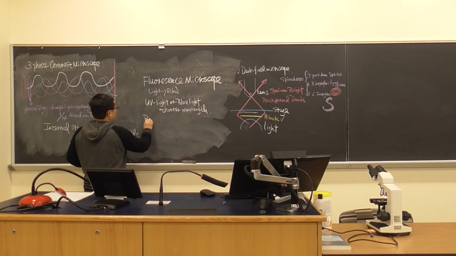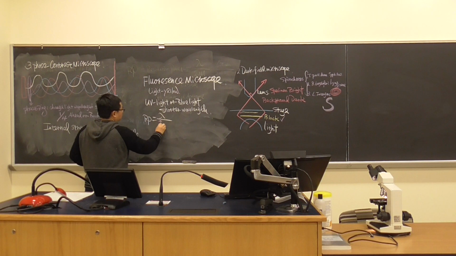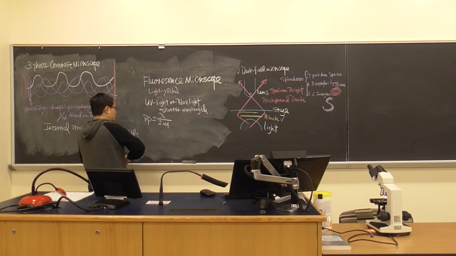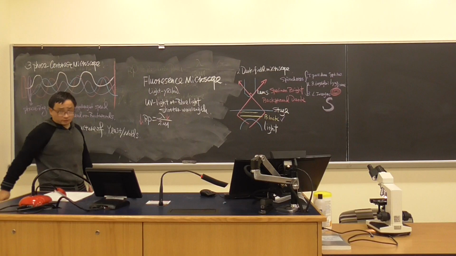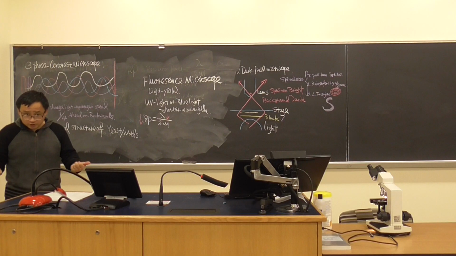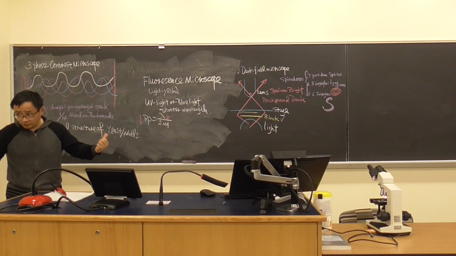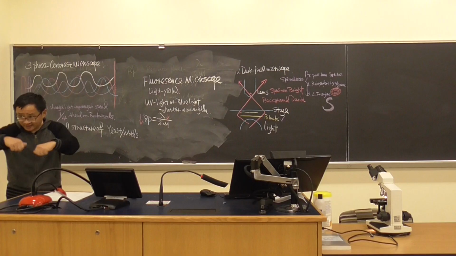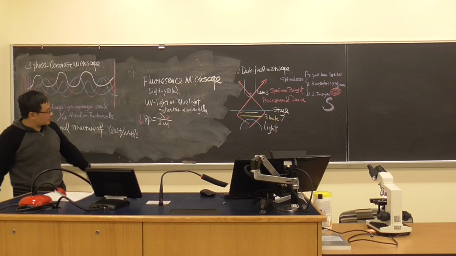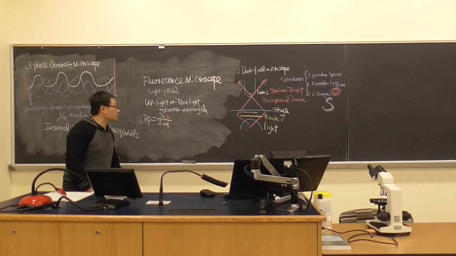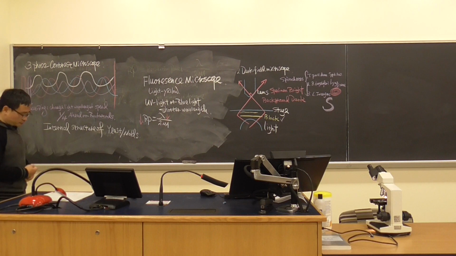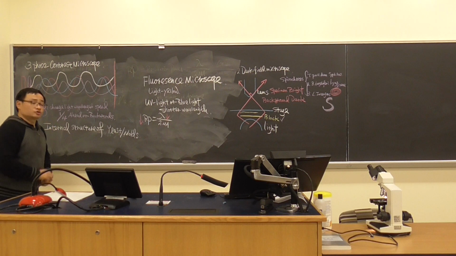So, based on this equation, if this lambda goes down, the resolution power value goes down, but the resolution capability increases. So you understand the story behind it? We want the wavelength to be less, so that's why we use UV light or blue light. That's the first thing for the fluorescence microscope.